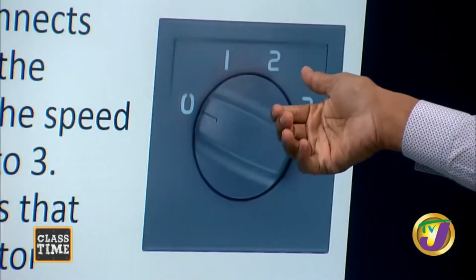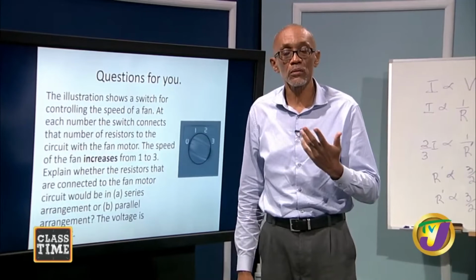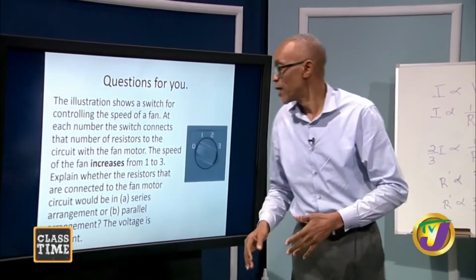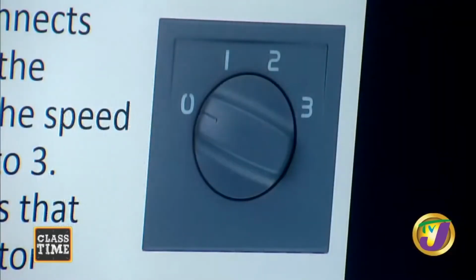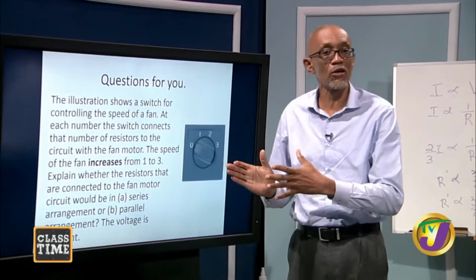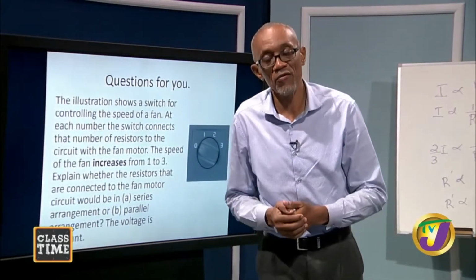As I click here, 2 resistors are now connected to the fan motor. So a different current is now flowing through the fan motor. And when I click to 3, 3 resistors are now connected to the fan motor. So there's a different current once again that is connected to the fan motor.